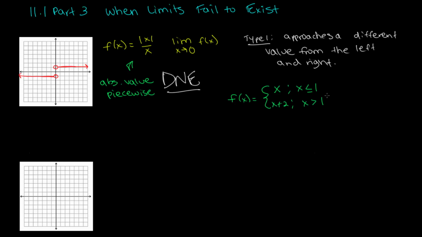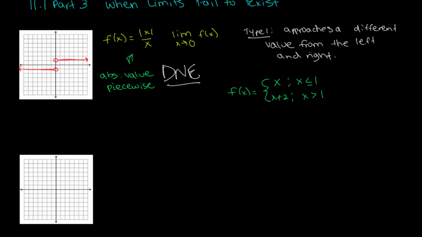This would be an example of a piecewise function where we have different functions based on the domain value. So when x is less than or equal to 1, f of x is equal to x, but as x is greater than 1, f of x is equal to x plus 2. So we have different pieces that we put together like a jigsaw puzzle, if you want to think of it that way, on the graph.